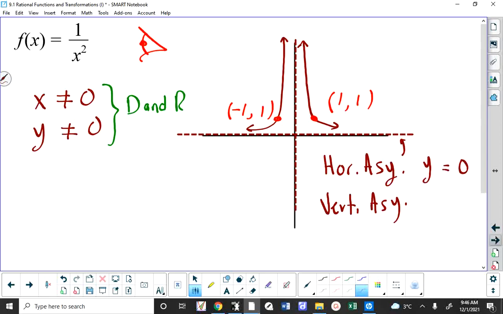Because, again, this is y equals 1, this is y equals 2, this is y equals 3, this is y equals -1, -2, -3. This is where y equals 0. Any point on the x-axis has a y coordinate of 0. There's a really subtle difference here between what I write for the equation of that horizontal asymptote and what I write for the range.